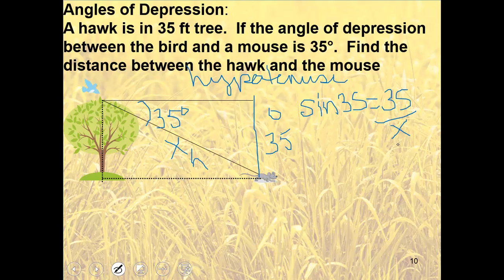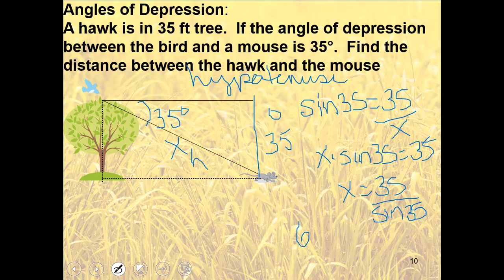I'm going to solve for x, which means I multiply both sides by x, and then divide both sides by the sine of 35. Divided by sine of 35, and I get that hawk is actually 61 feet away.